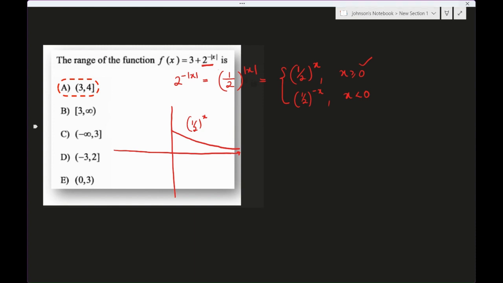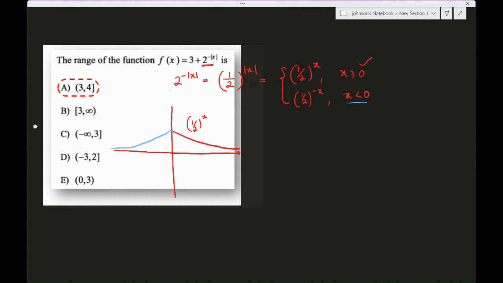Then the next one is where we have less than 0. We have to take care of that. Less than 0 means to the left. So this is going to be this way now. It's supposed to continue, but because x is less than 0, we'll just stop here.